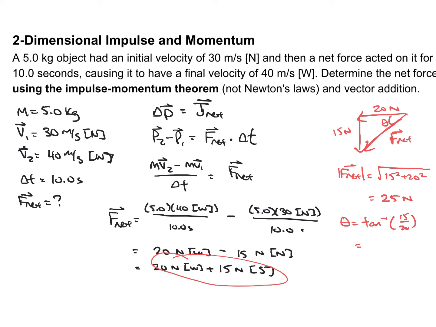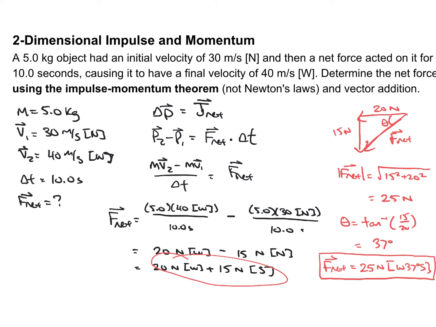Yeah, it's 37 degrees. Okay, so my final answer, I can say my net force is 25 newtons west, 37 degrees south. And that was done using the impulse momentum theorem.